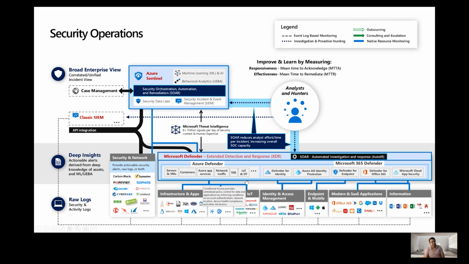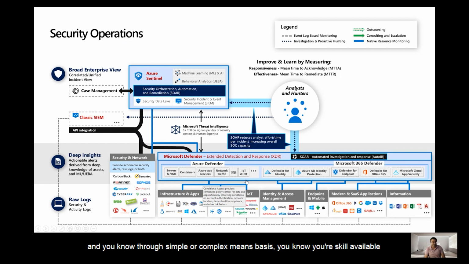The same SOAR at the Azure Sentinel level is all about creating playbooks directly with your skill, in which you can really carve out innovative workflows and orchestration, through simple or complex means, basis your skill available, and also take the community support.